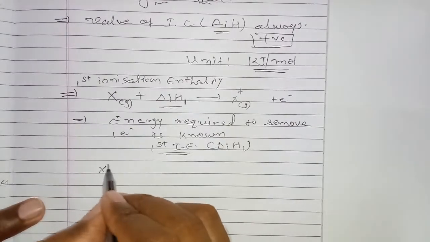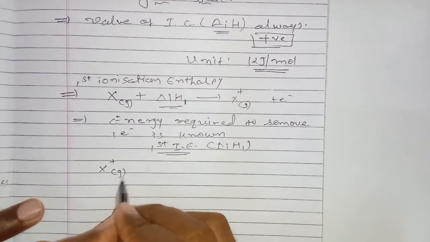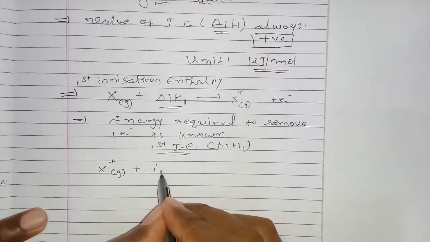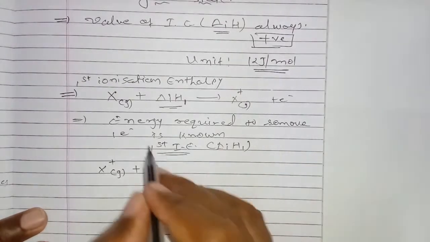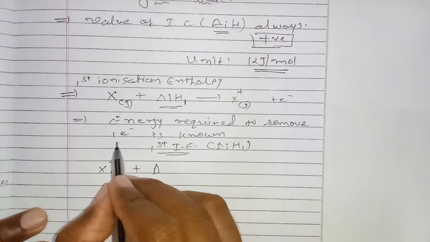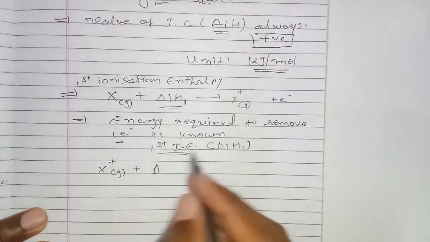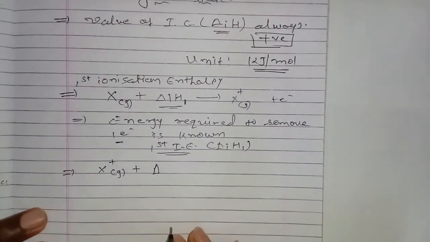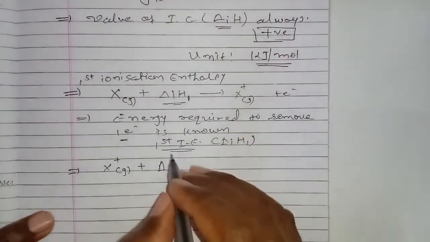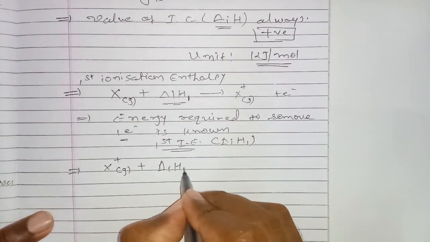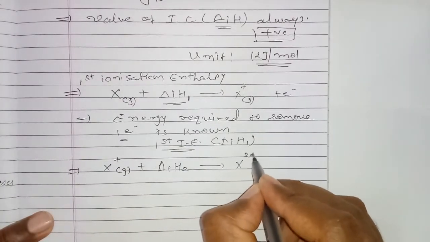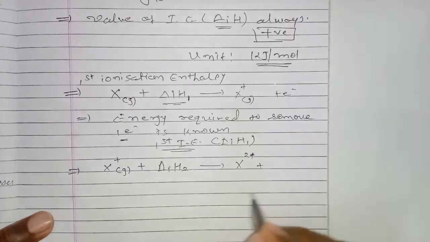The energy required to lose two electrons is called the second ionization enthalpy, delta I H2, and it is converted to a +2 charge.